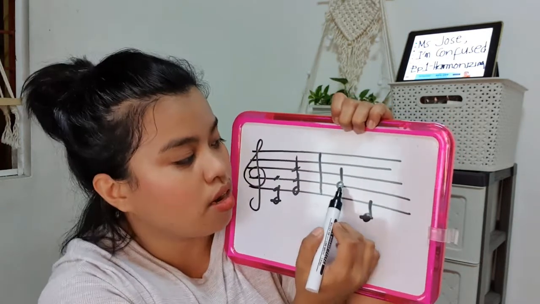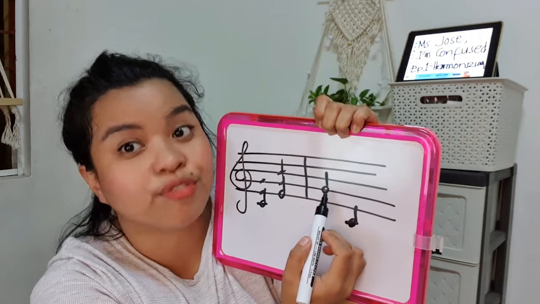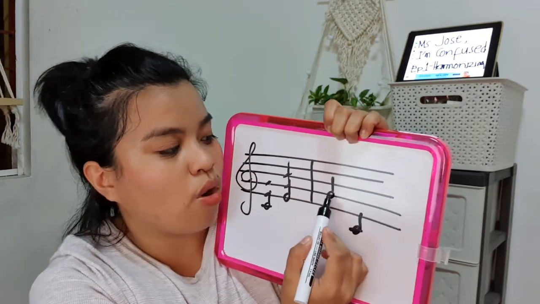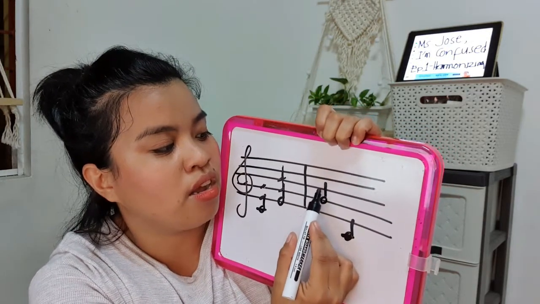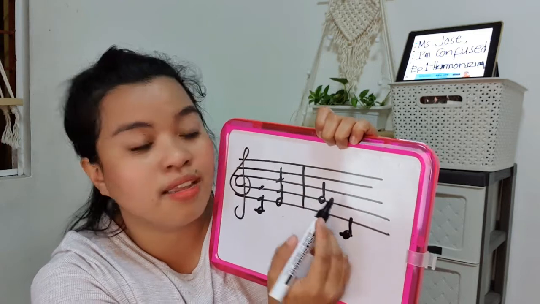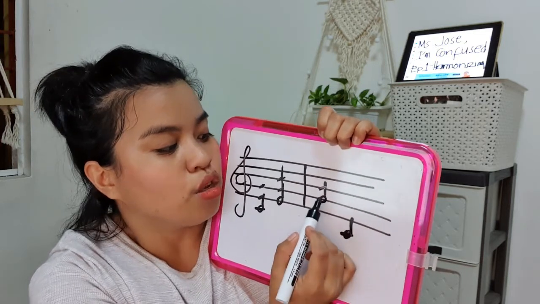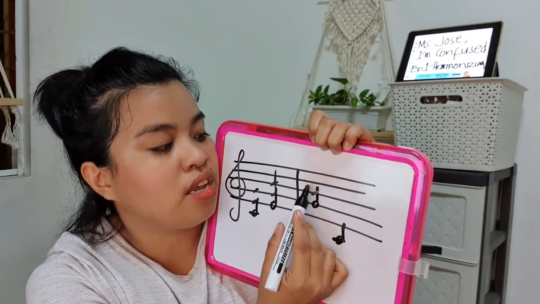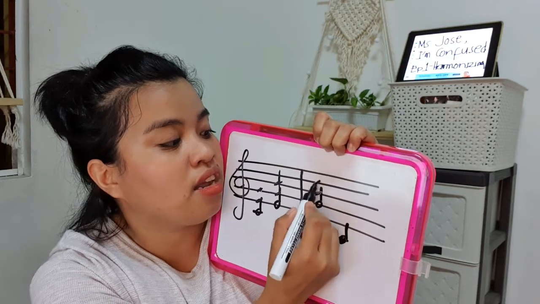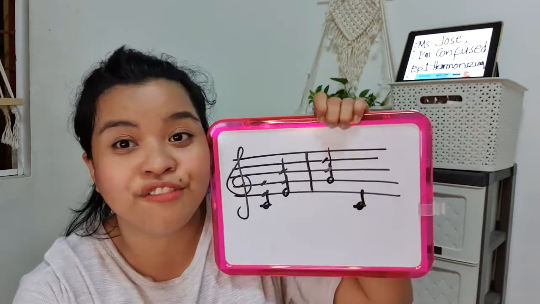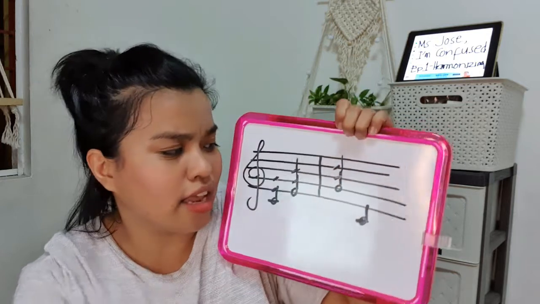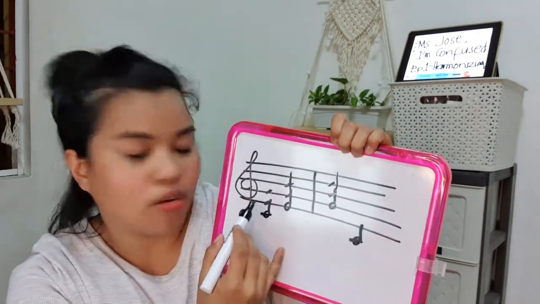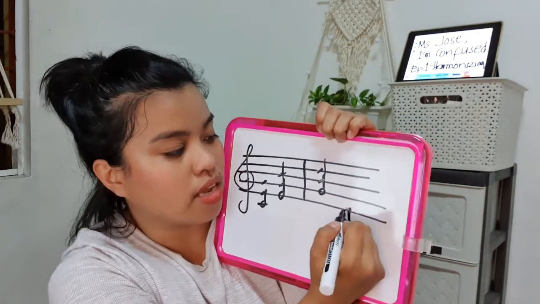Now, sol right here has a third and the fifth also. Sol, la, si, third. Sol, la, si, do, re, fifth. And then, C here only has the same as the first one.